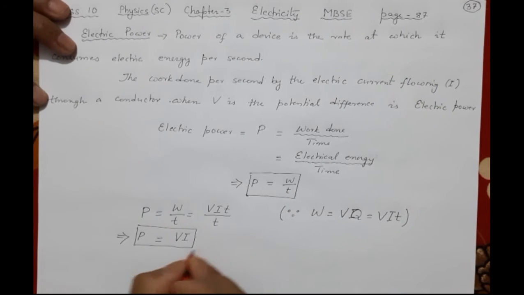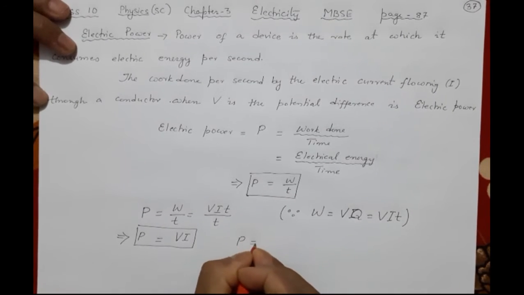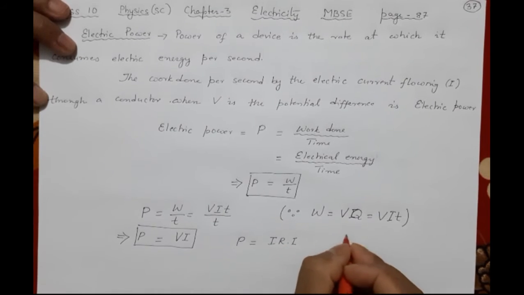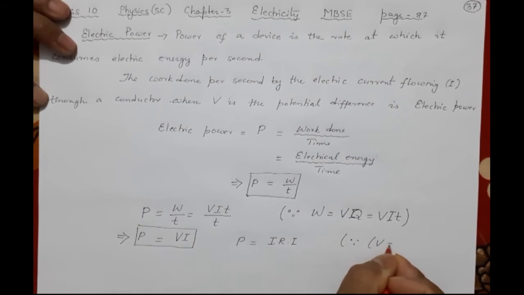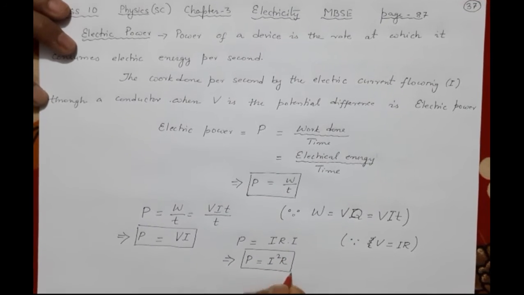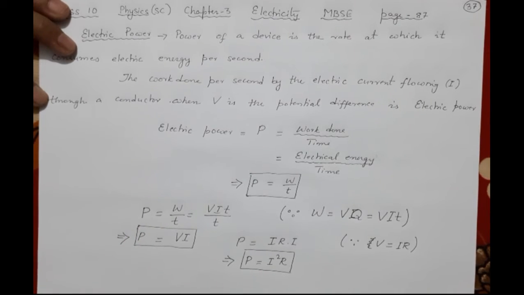Similarly, we can also write P in other ways. In place of V, if I replace it by IR, since V is equal to IR, then it becomes P equal to I into I R, that is I square R. So P is equal to I square R, and P is equal to VI. Similarly we can also write P with the help of V and R only.